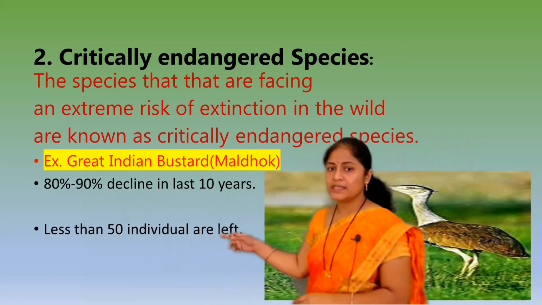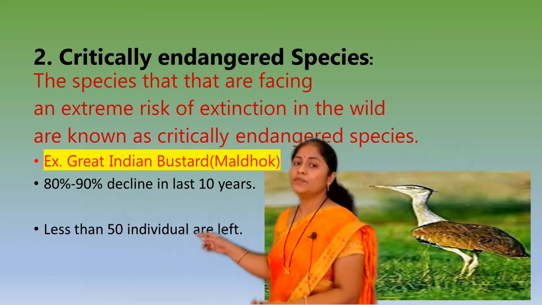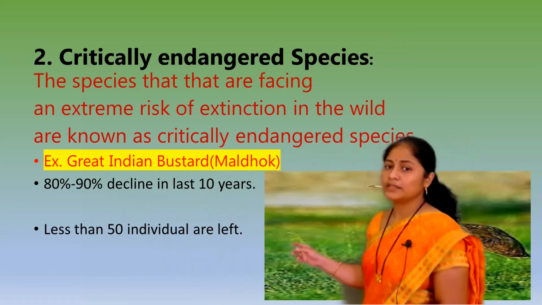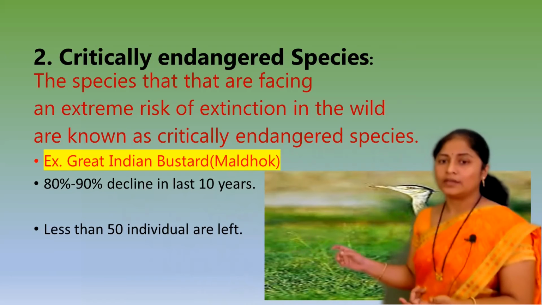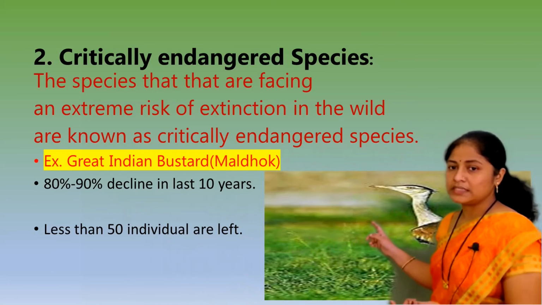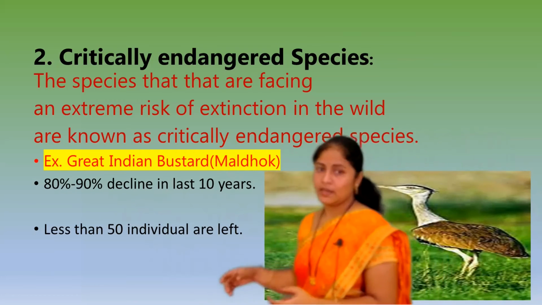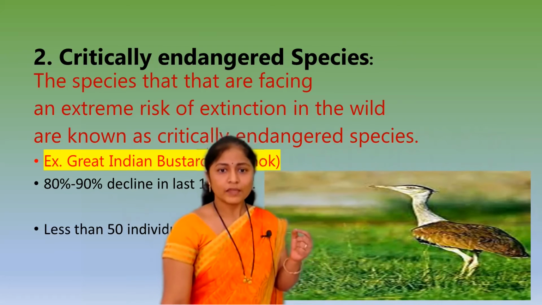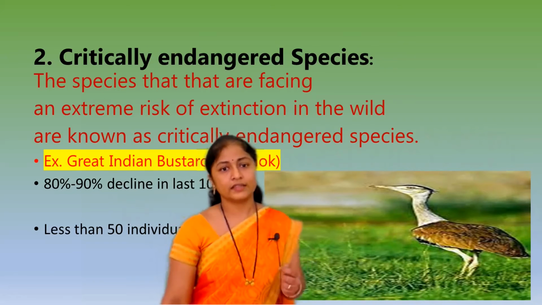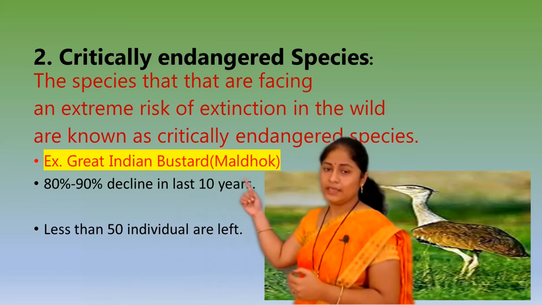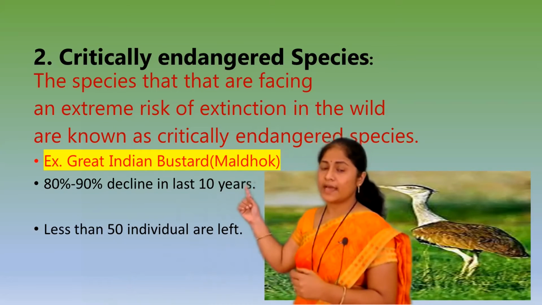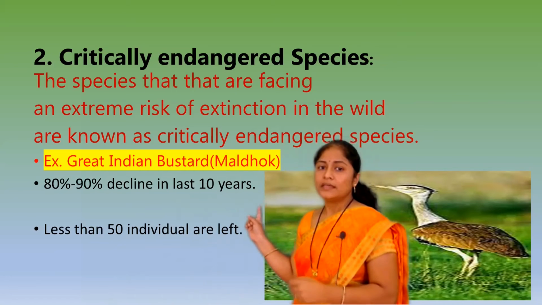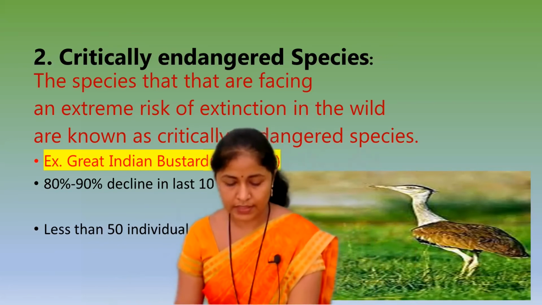Such species have less than 50 individuals now. That's why it is very, very important to give more attention to the conservation of these critically endangered species. And who is included in this group? One bird from Maharashtra, the great Indian bustard, which in Marathi we call mardo, is also included in the critically endangered species.